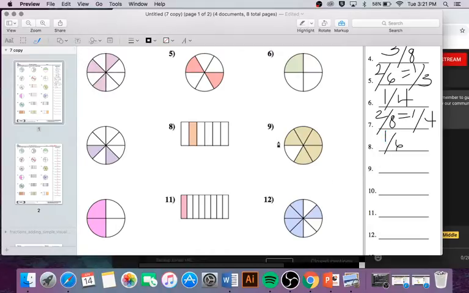Okay. Number 9, we have 1, 2, 3, 4, 5, 6 parts in our whole. And we have 1, 2, 3, 4, 5 parts shaded in. So our fraction is 5/6.